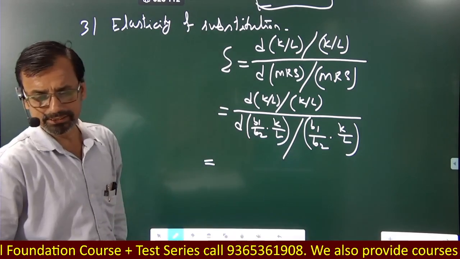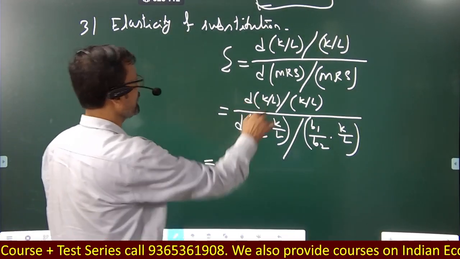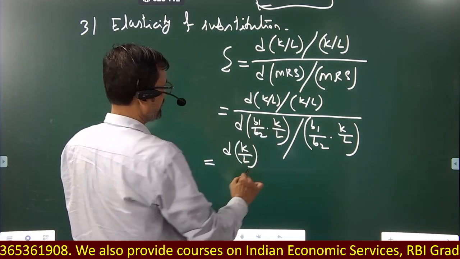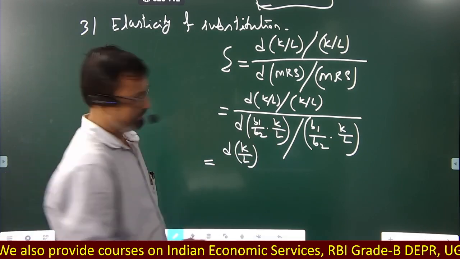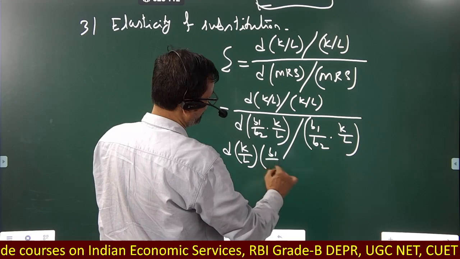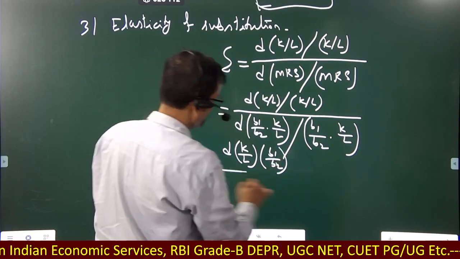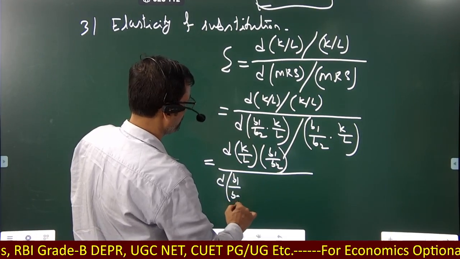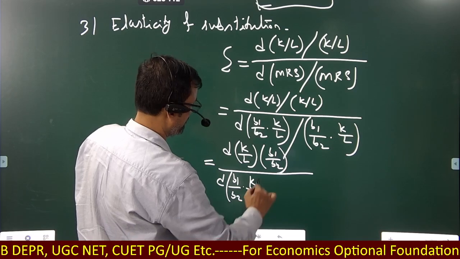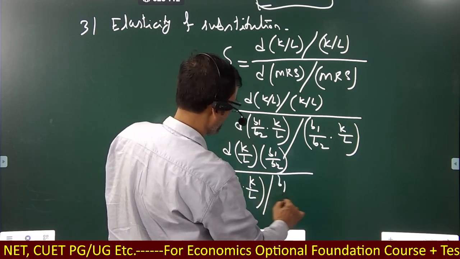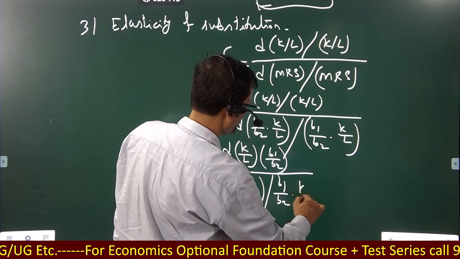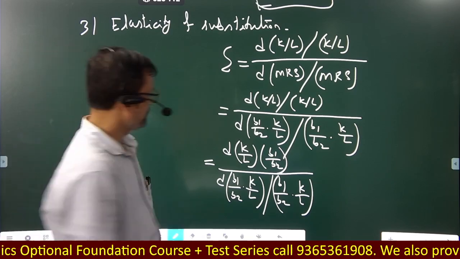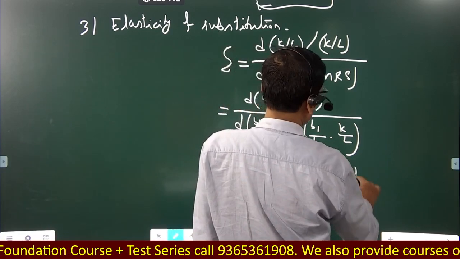Here we can write d(K by L) when you differentiate it, K by L, divided by B1 by B2, and d(B1 by B2 into K by L) divided by B1 by B2 into K by L. Now by simplifying, we get the result 1.